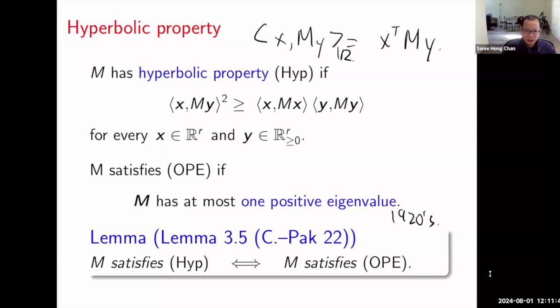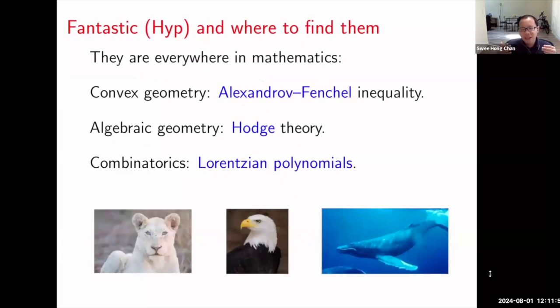As I said before, this property has been known since the 1920s. So naturally, it's like a fantastic beast in the sense that it's everywhere in mathematics. Oh, I think there's a question in chat. Okay, thank you, Anna, for pointing out the references. So yes, this hyperbolic property is everywhere in mathematics.